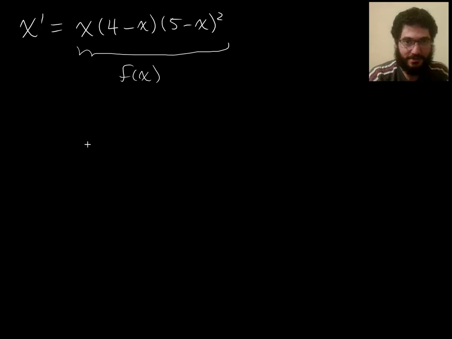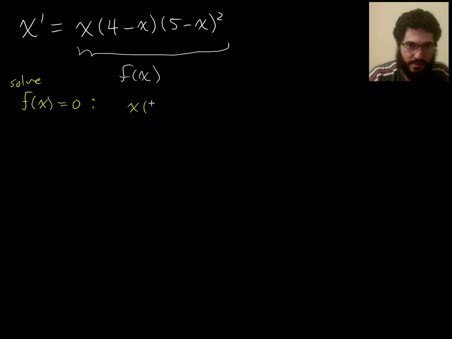So before I take the derivative, I need some critical points. So let's solve for the critical points. I'm going to take the equation f of x equals 0 and solve it. So that's x, 4 minus x, 5 minus x squared equals 0.